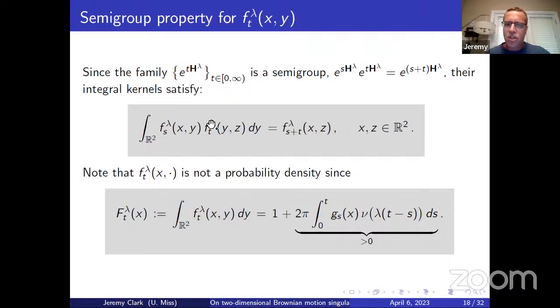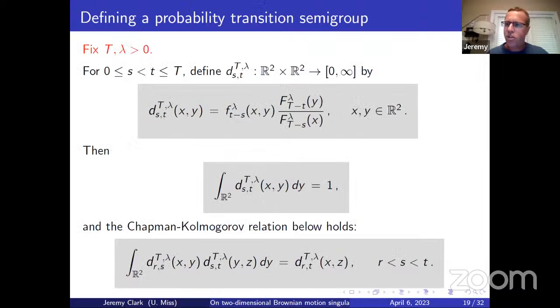Now, this is almost like a transition density, except that a transition probability density should have total probability 1. But it is very easy to see from the formula that if you integrate it, you get 1 plus some positive numbers. So these are not probability density functions. So what I want to do is make a probability density function out of them in a sort of trivial way.